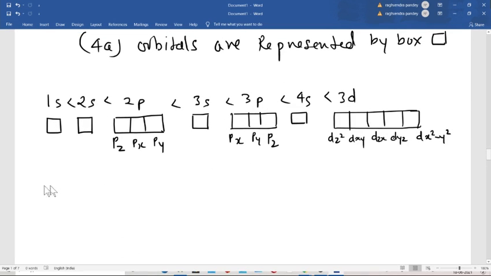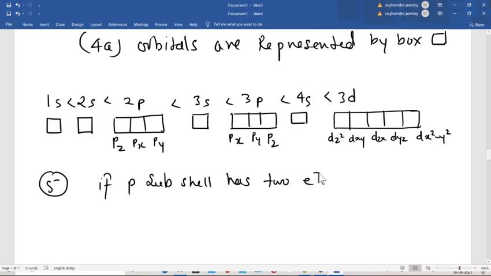Now the next point is that if a subshell, suppose it is p, has 2 electrons in it, we will fill it and then you will understand.